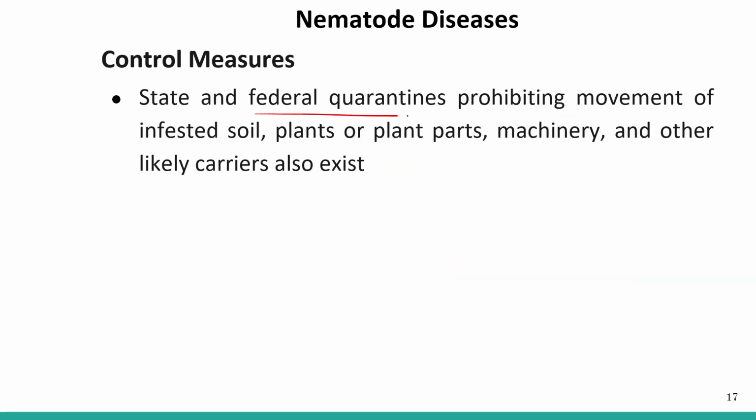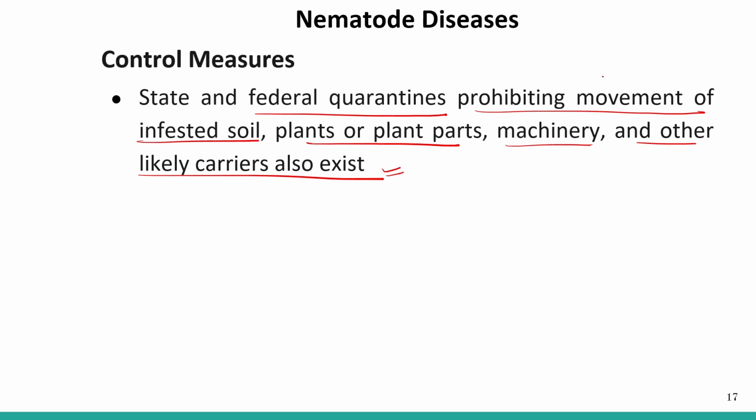State and federal quarantines prohibiting movement of infested soil, plants or plant parts, machinery and other likely carriers also exist. So this infested soil should not be moved from one place to another, otherwise it will infect the plants at the other place.